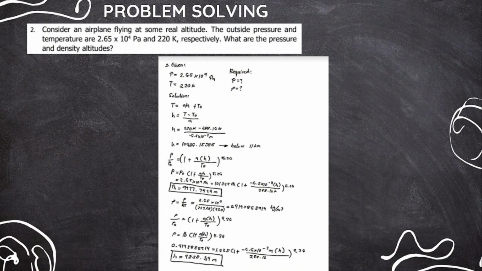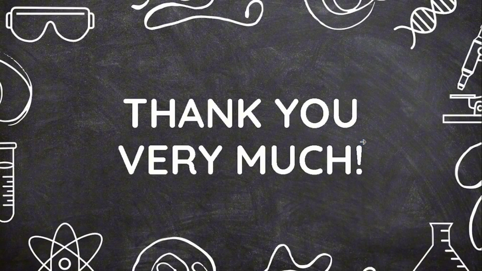So density is equal to the density at sea level condition multiplied by 1 plus aH over temperature at sea level condition, raised to 4.26. We input it and we have an answer: density altitude is equal to 9,858.34 meters. So that's all. Thank you.